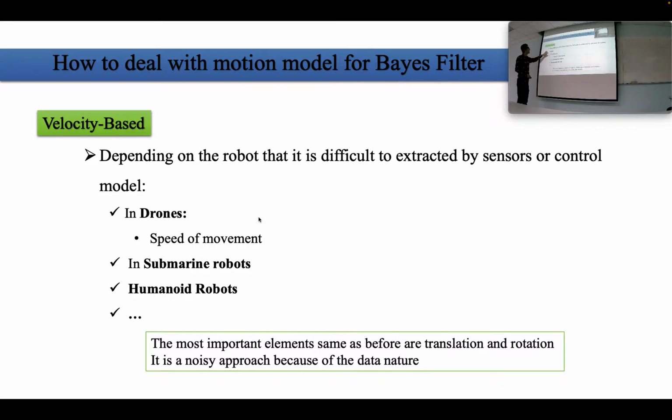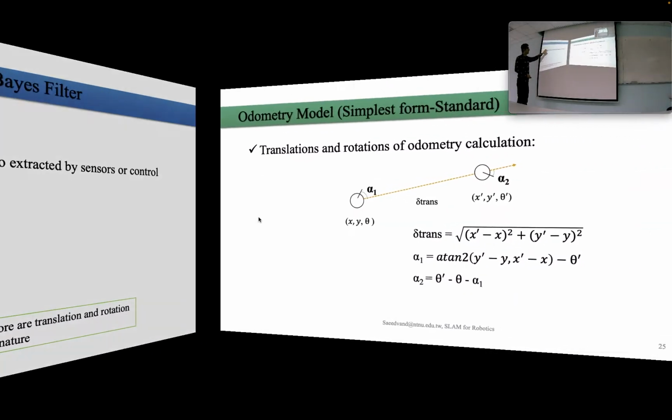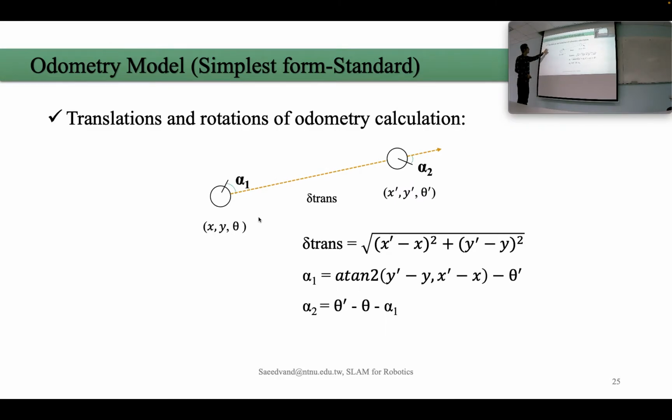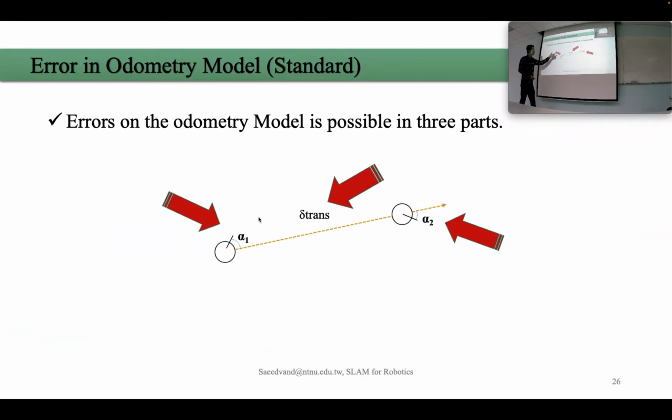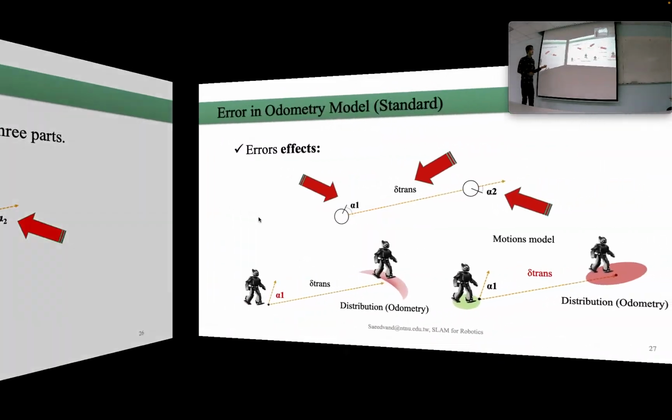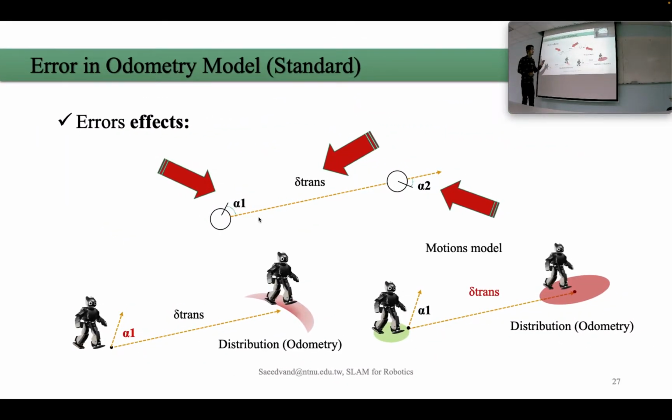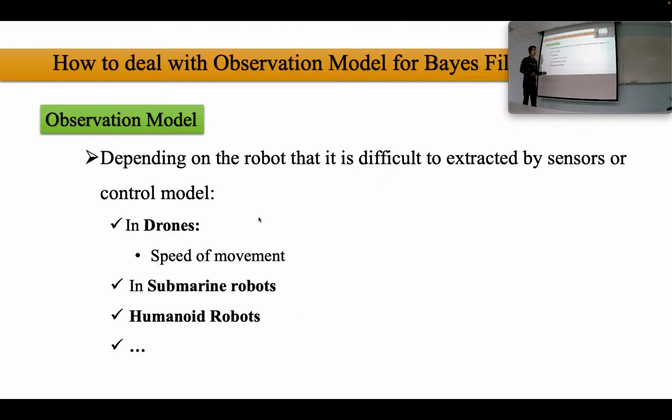We will also talk about the translation and rotation of the odometry, which we will see in depth today. We also discussed that there are three important elements: alpha 1, delta transition, and alpha 2. Those are the angles that are important for us to consider as error. We talked about the distribution of the different kinds of error later.